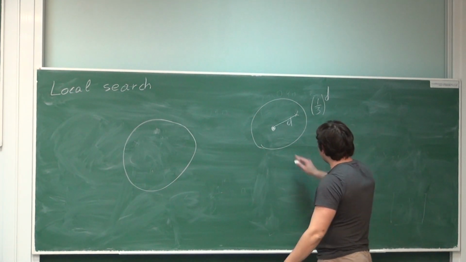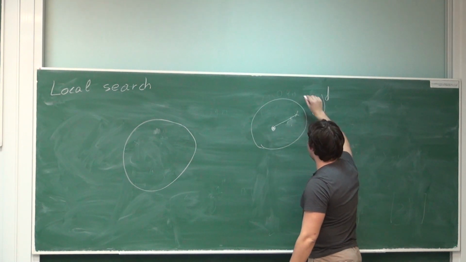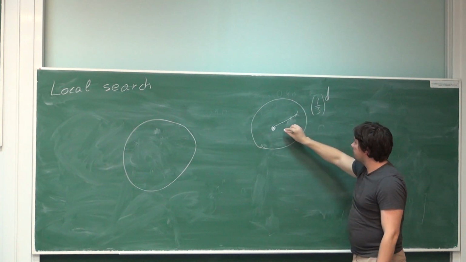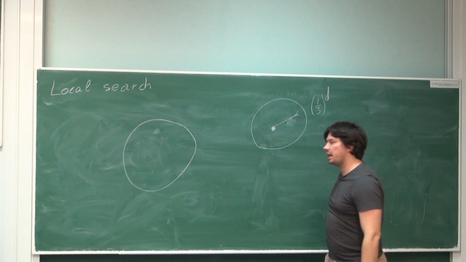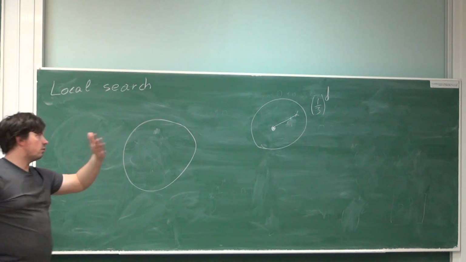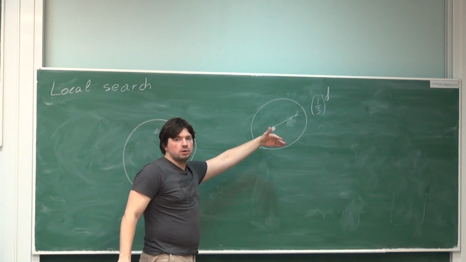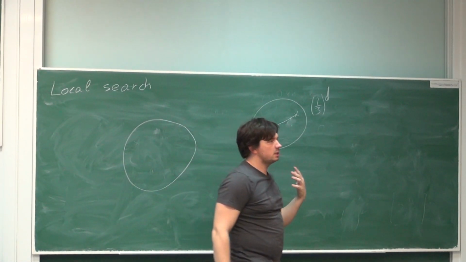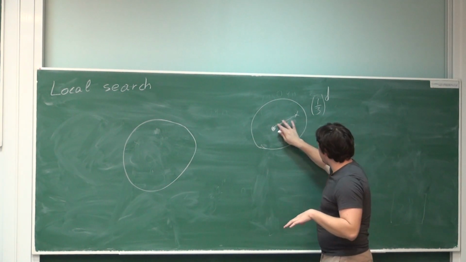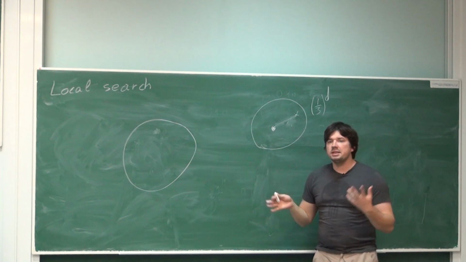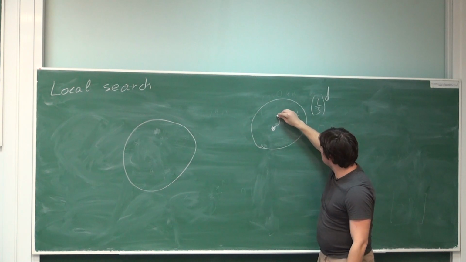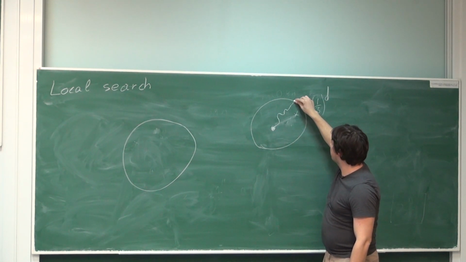So instead of saying that, hey, I want to go to my assignment as fast as possible and get there, and I have to be perfect every round, every round I have to get closer, and that is what gives me this 1/3 to the d probability, I will say, hey, at the end of the day, I just want to arrive here. So what if I do something like this, right?